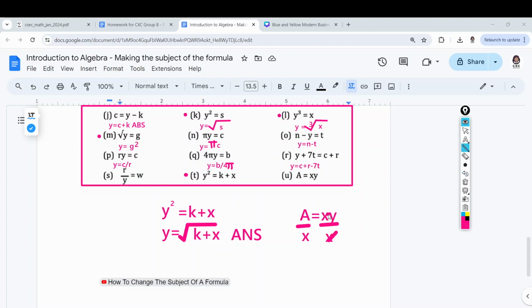These two will cancel, and we're going to end up with the answer being y is equal to a over x. All right, guys, so that's it. That's the rest of the questions that we'll practice using multiple choice. Remember the squared and the cube, guys. You just need to find the square root or the cube root of the right side.